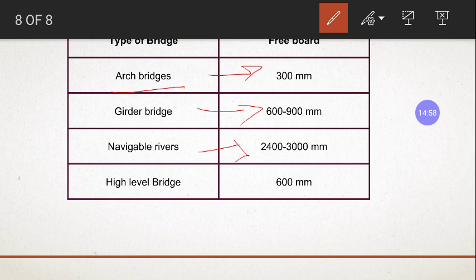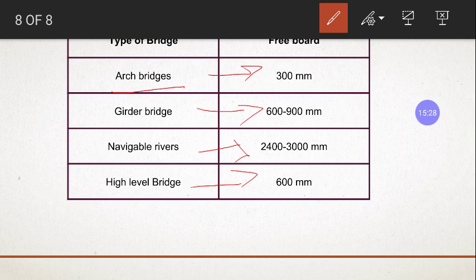We construct such a bridge at a point where there is a lot of sea traffic, so the space between the bridge and the water should be so high that ships and boats can move below the bridge. Next is the high level bridge, where the freeboard is around 600 mm or 60 centimeters.